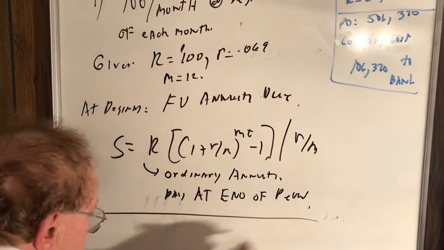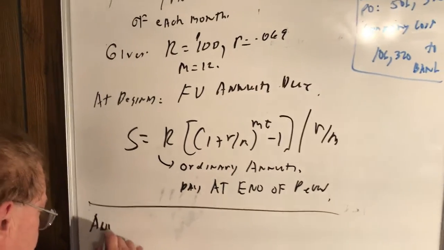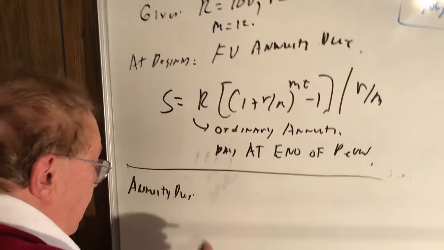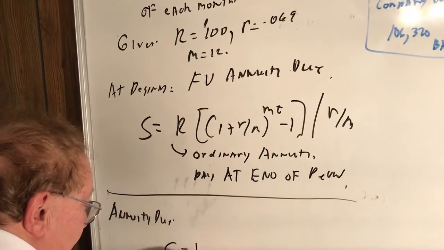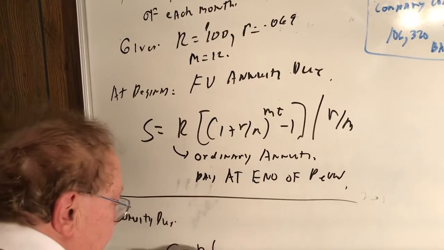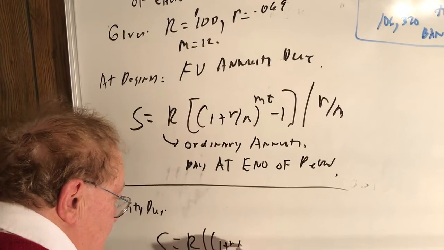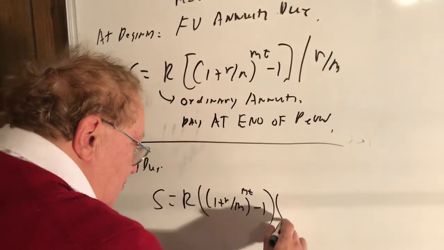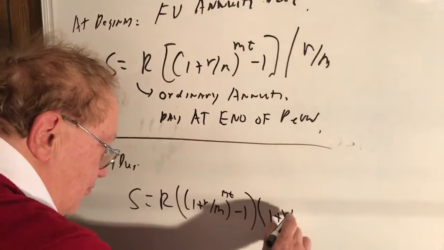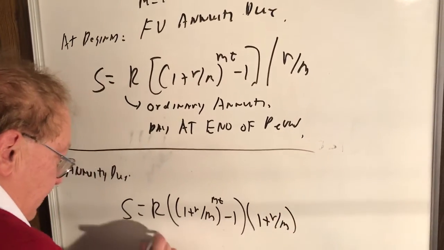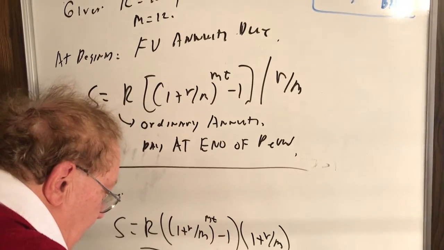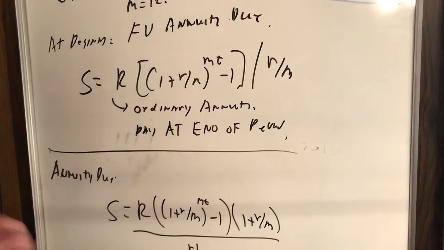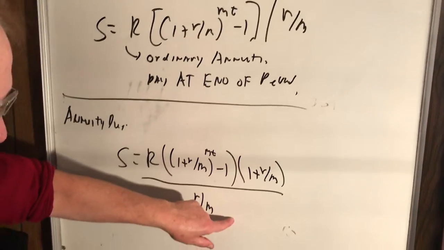Now, for an annuity due, this formula is the same, but we have to tack on an appendage. There's an extra time. Now this is divided by R over M. For some reason you guys read it as this being in the denominator.